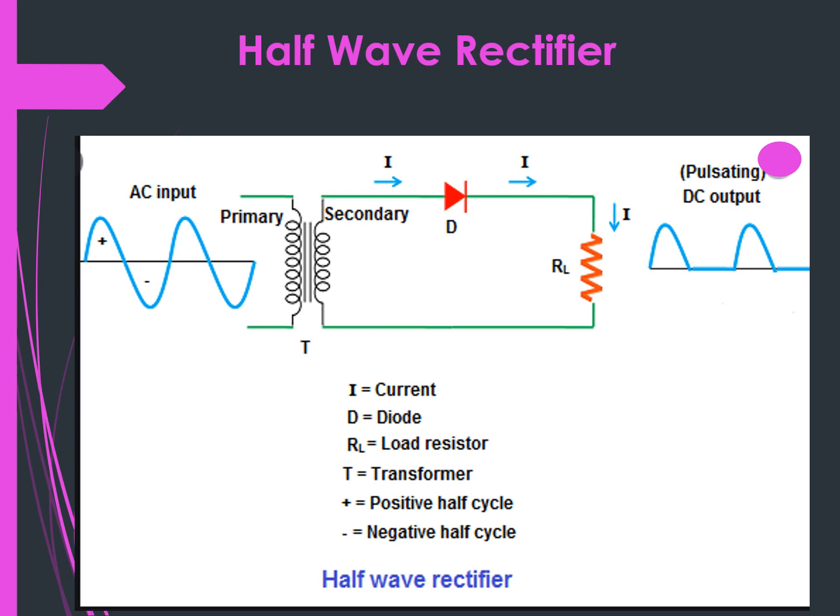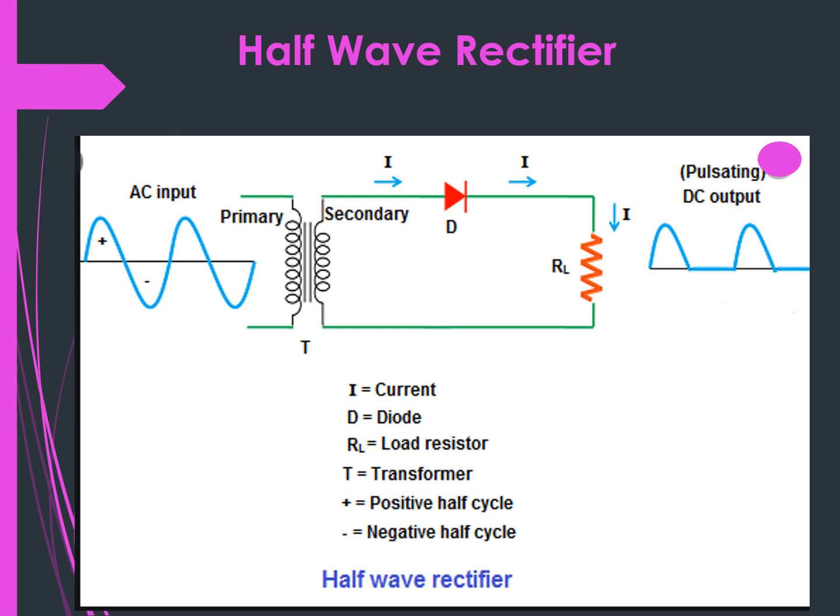Before understanding the half wave rectifier, we need to understand the principle of a rectifier. When a PN junction is forward biased, the current flows through it and the resistance offered by it is very low. But when it is reverse biased, the junction offers a high resistance and almost no current flows through it.